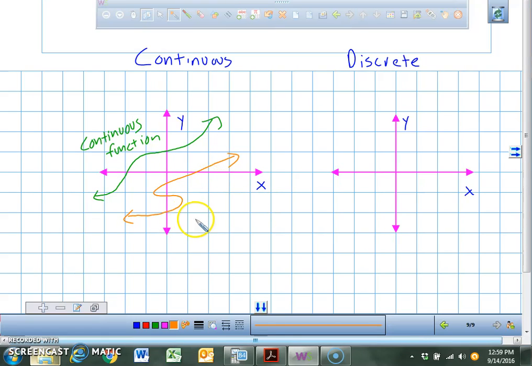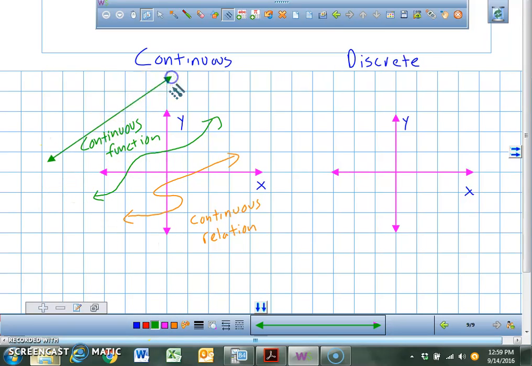It is continuous, so you could call this a continuous relation. So here's a continuous function, and a continuous relation. You're used to seeing functions like a line, which is a continuous function. A parabola is a continuous function. These are examples of continuous functions. This is just a relation.